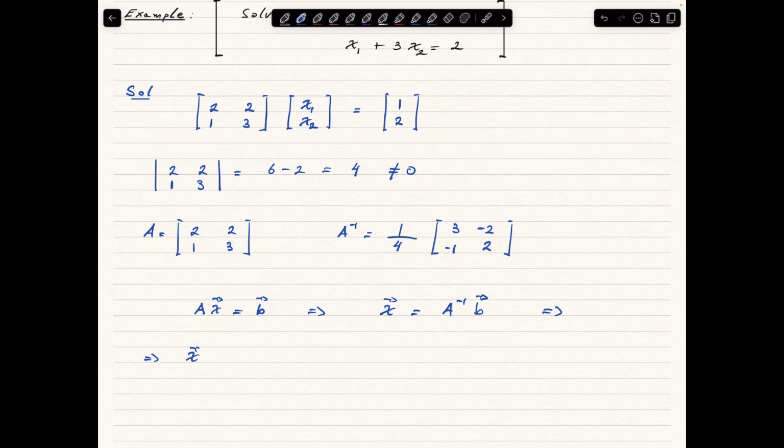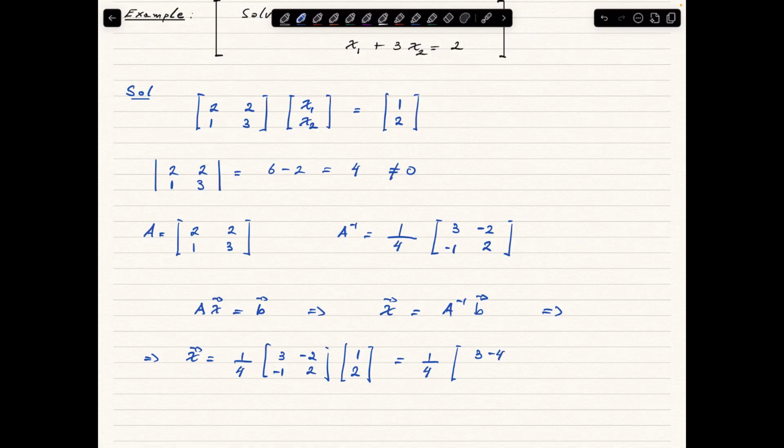So that is the formula for our solution. X is going to be nothing more than 1/4 [[3, -1], [-2, 2]], acting on the vector b, which is the vector (1, 2). Let's do this product. The 1/4 is still outside. The first column with the first row is going to give us 3 minus 4.